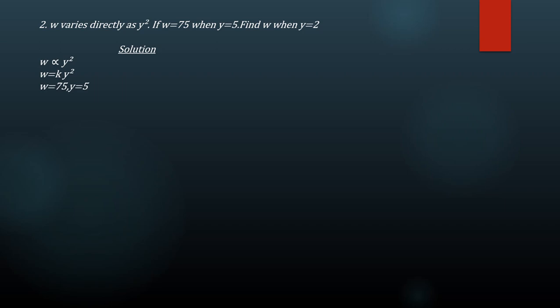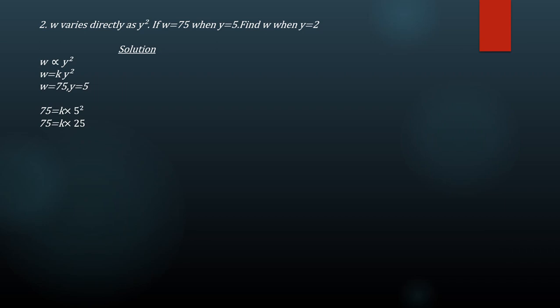And then we have w equals 75, y equals 5. The first thing we'll find here is our k. The first thing we'll always find in variation is our k. We need to know our constant of proportionality, the value for it. So we insert our values into the formula. We have 75 equals k times 5 squared, and that should give us 75 equals k times 25.